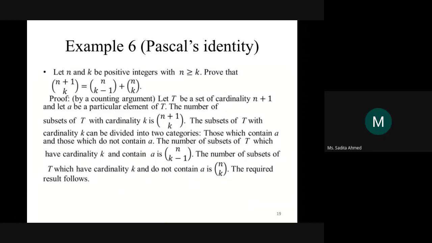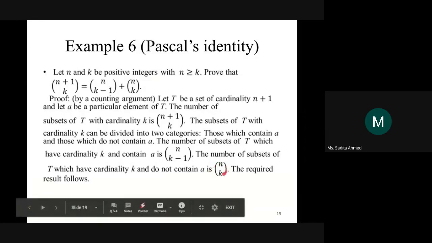No, miss. No, we haven't chosen any element. That is, there are still K choices left to be made. We still have to choose K elements from the available options. So we have n available options, and from there we have to choose K elements. How many ways are there to do that? NCK ways. That is, how many subsets would you have of T which have the cardinality K and do not contain A? It's NCK. Does that make sense? This part?